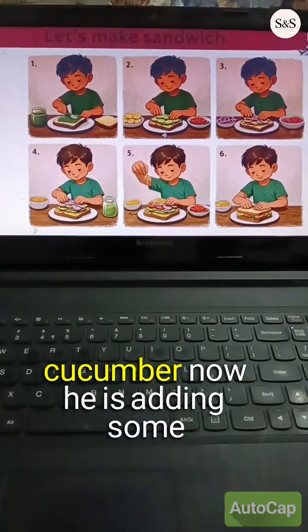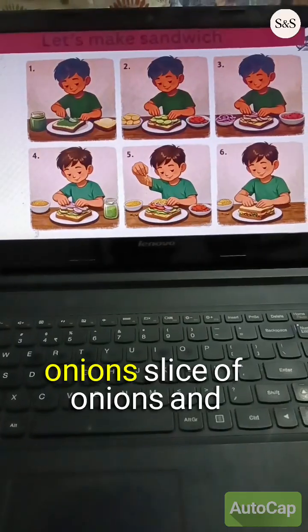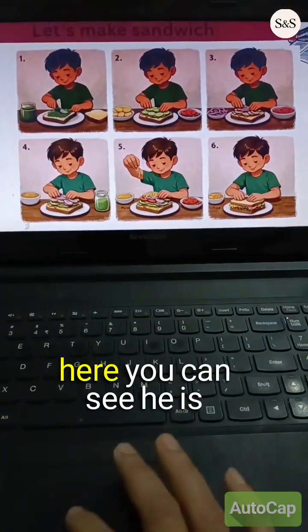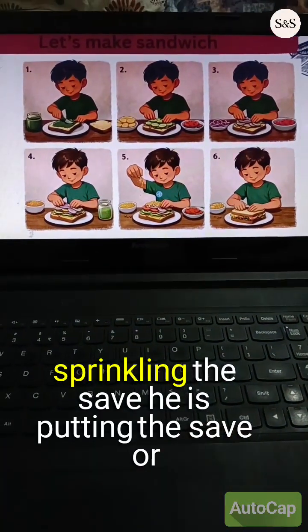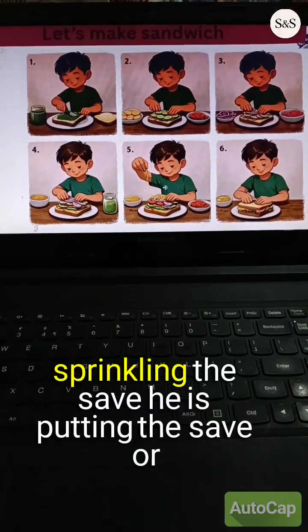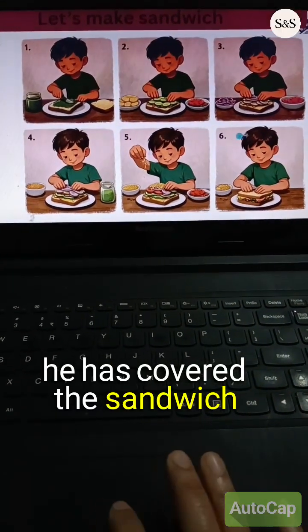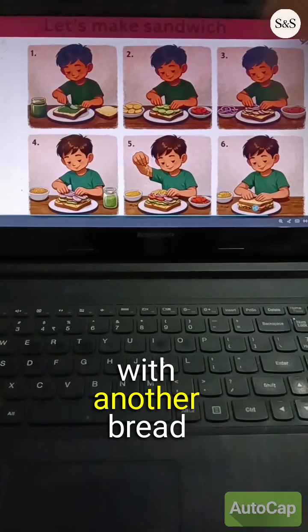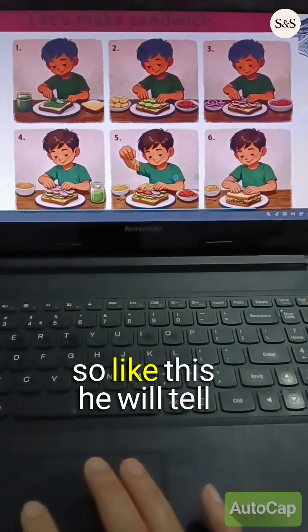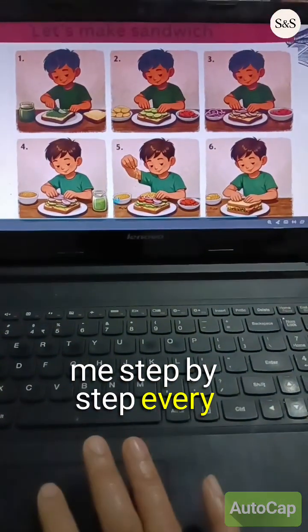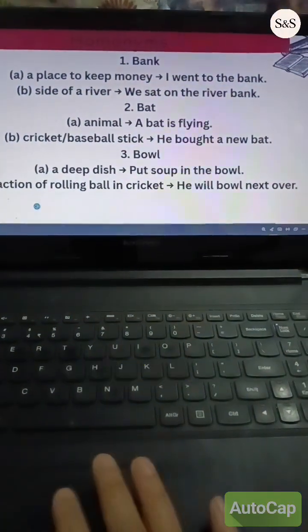Now he's adding some slices of onions, and then here you can see he's sprinkling the sauce, and he has covered the sandwich with another bread. So like this he will tell me step by step all the things.